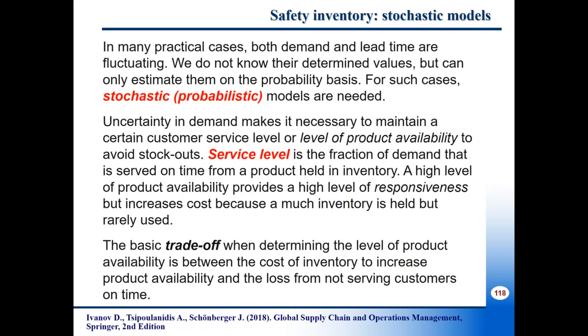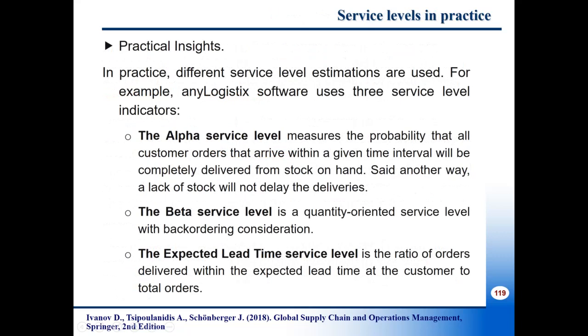A high level of product availability provides a high level of responsiveness but increases cost because much inventory is held but rarely used. The basic trade-off when determining the level of product availability is between the cost of inventory to increase product availability and the loss from not serving customers on time.